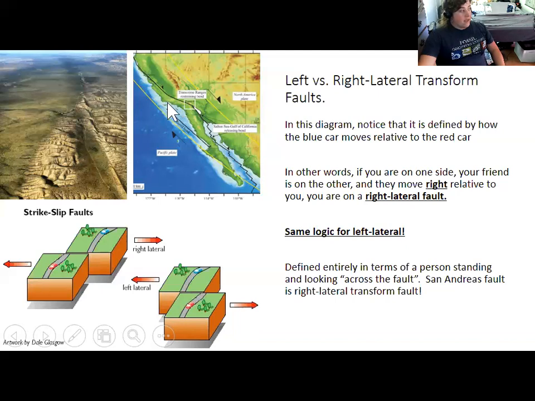So if you were to speed up time and you were standing on a mountain in the Coast Ranges watching the land move, you would see Los Angeles and Fresno move south, move to the right relative to you, and you would be moving north. So from the perspective of someone in Fresno or Los Angeles, you would also be moving to the right.